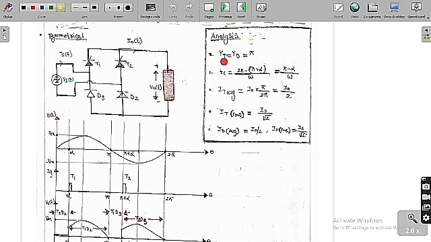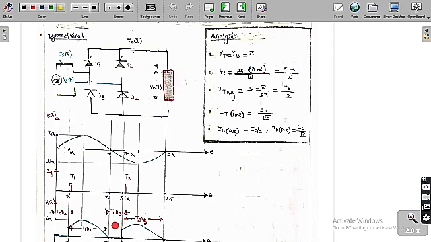I have already told you here, you can clearly see that the conduction angle of the thyristor is equal to the conduction angle of the diode, which is equal to pi. Because you can see clearly from this diagram, T1 is going to conduct from alpha to pi plus alpha. Therefore, pi plus alpha minus alpha is equal to pi.